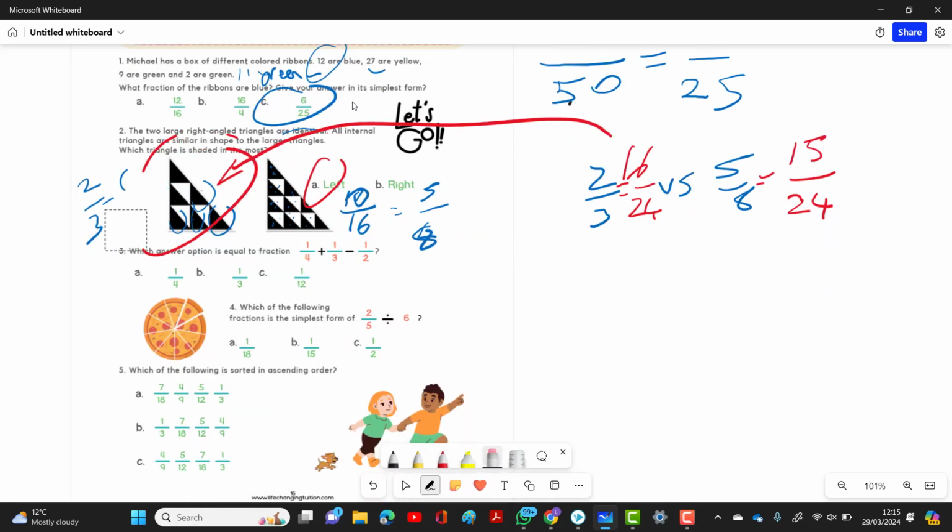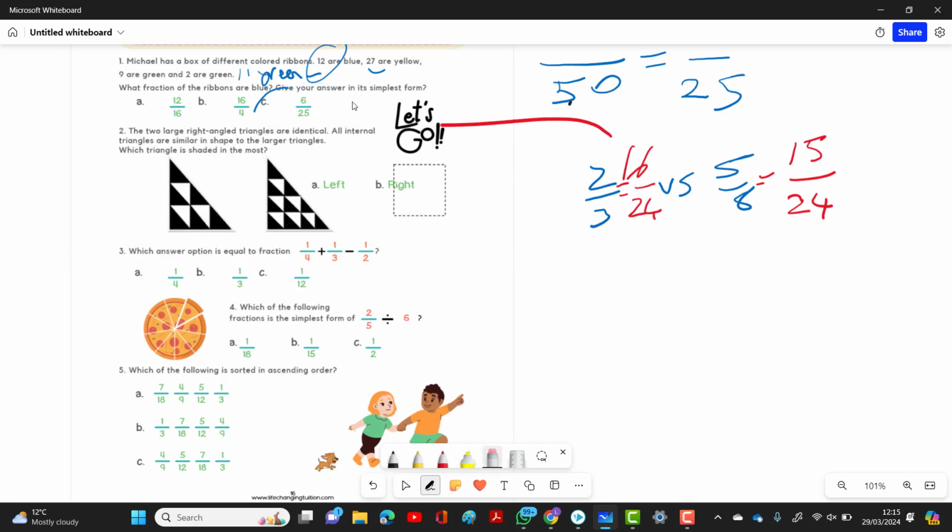Let's rub this out, it's getting confusing. Which answer option is equal to the fraction 1/4? So this is about adding and subtracting fractions.